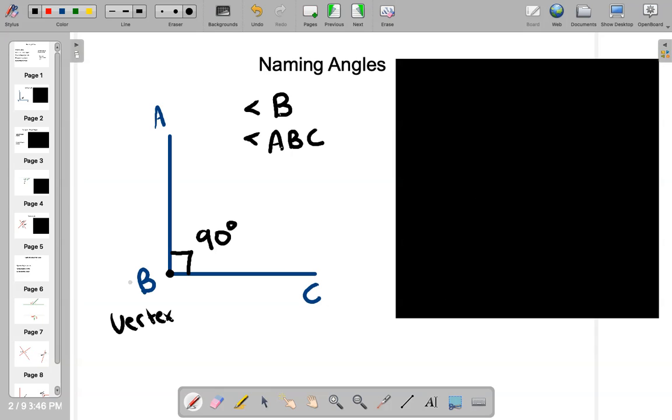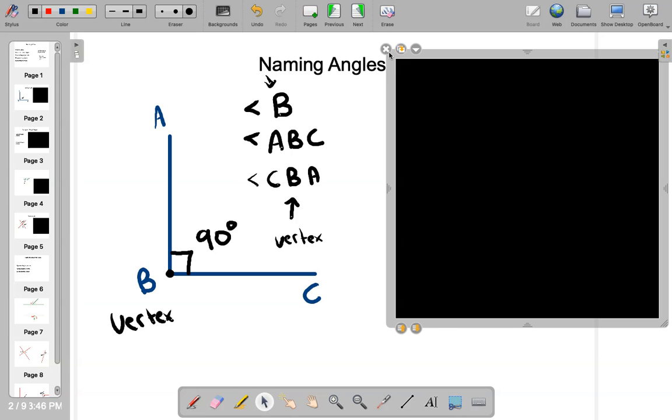I could go C to B to A, and I could call it CBA as well. So there are 3 different ways to describe this angle. And as long as that center point is the vertex of the angle, then it doesn't matter if we do it as ABC or CBA. If it's an angle like this, where there is only one angle being created at point B, then you could also just call it regular angle B.